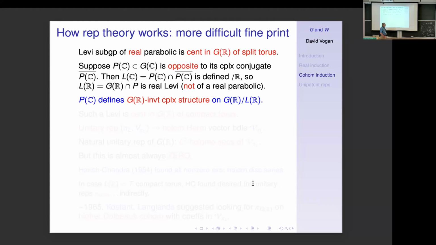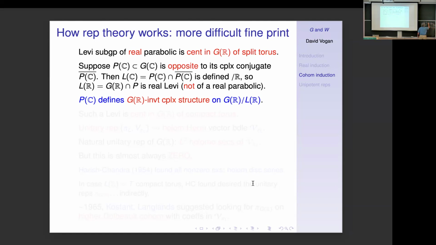What happens is that this G of R over L of R embeds in G of C over P of C. And this gadget is obviously complex.